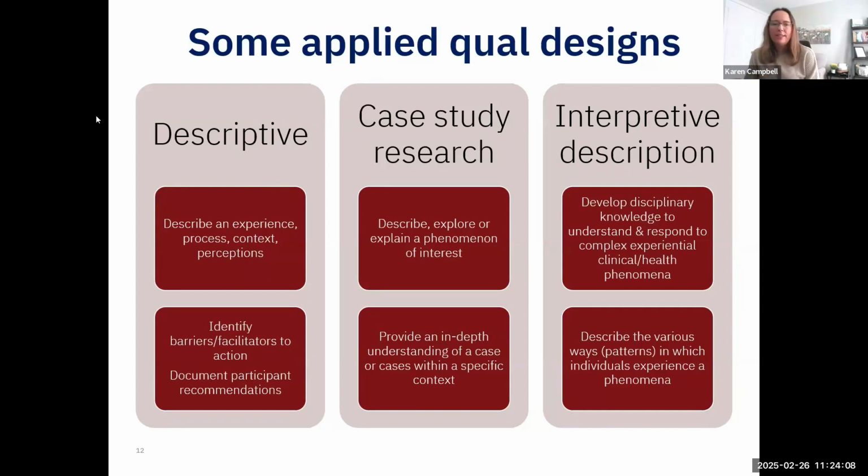So I said I would discuss some of the applied qualitative designs, and I'll share a few of them. Again, to note, the bigger traditions that I mentioned earlier, grounded theory, phenomenology, and ethnography, are absolutely the roots of qualitative research, and they have often informed some of these other designs that I'm talking about.